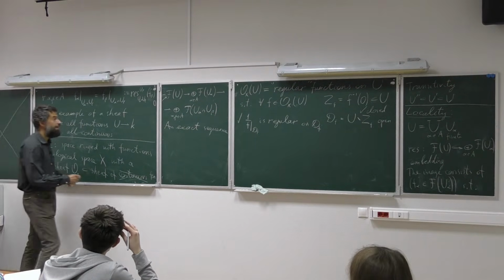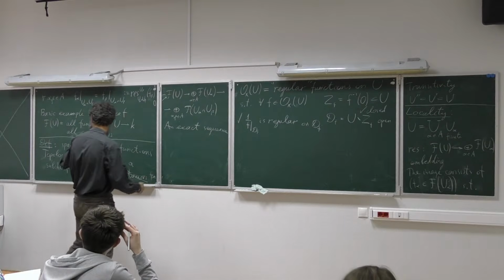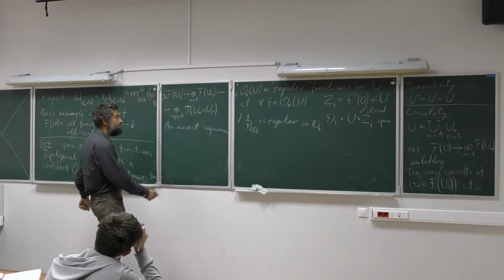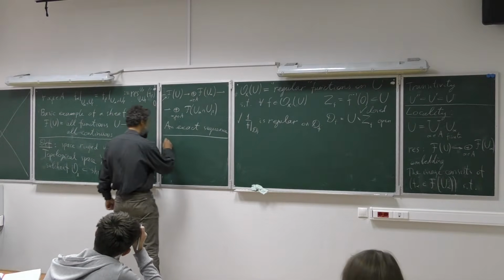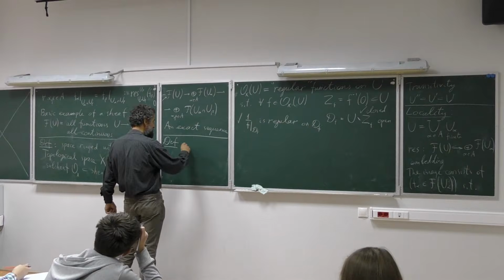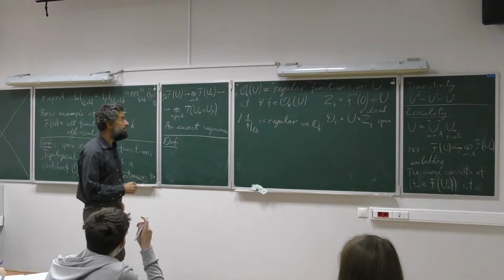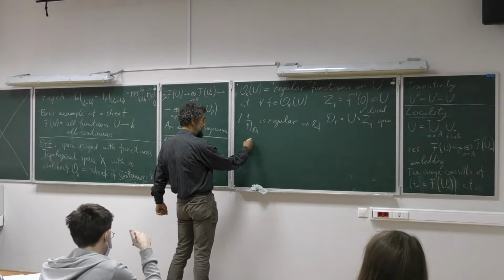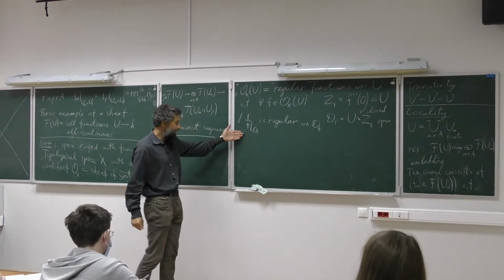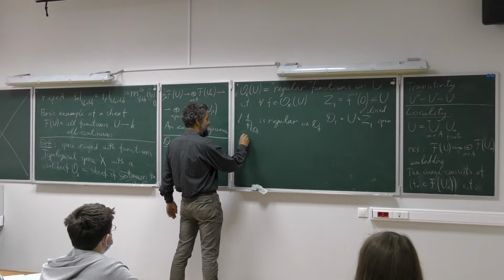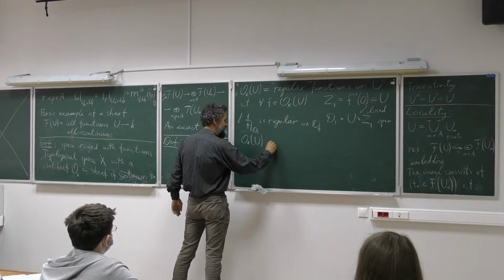Now, this was our definition of ringed spaces, and the next definition is a morphism. Maybe I should also add that this is really a ring, so that O_X of U is a ring.